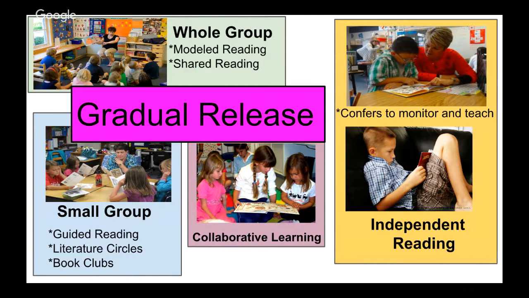Now, when I look at it today, I say, which of these structures is going to provide the greatest potential for maximizing growth for all students? Is it going to be whole group? Is it going to be the shared reading? Is it going to be literature circles? Is it going to be the collaborative learning? Is it going to be guided reading?